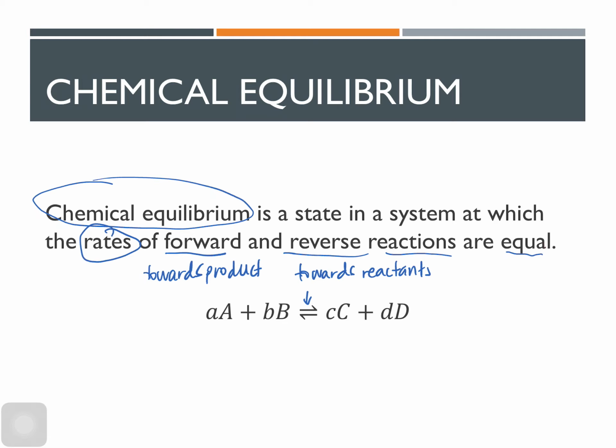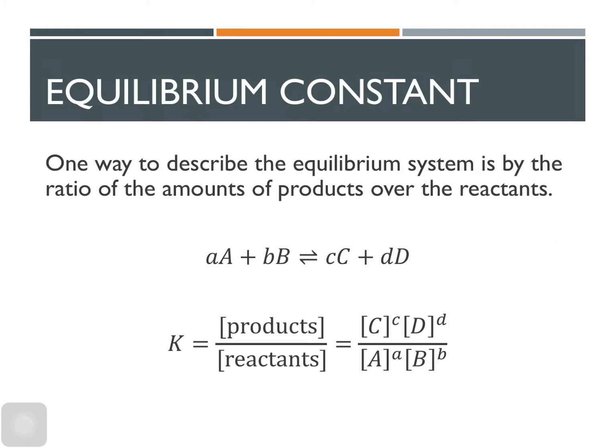For us to describe the equilibrium system, we usually use a number, which is the ratio of the concentrations of your products and reactants. We call that the equilibrium constant. The equilibrium constant is a way to describe your system by the ratio of the amounts of products over the reactants.